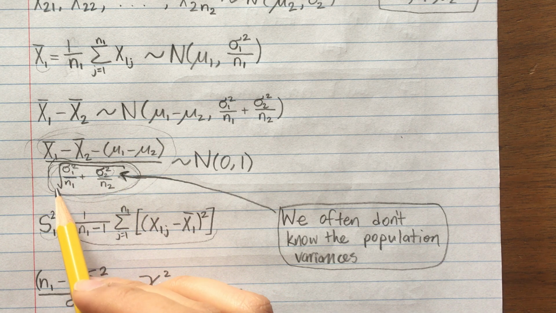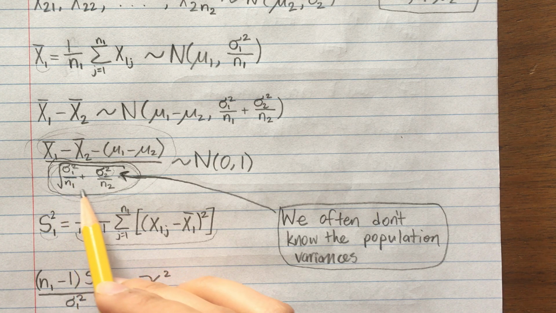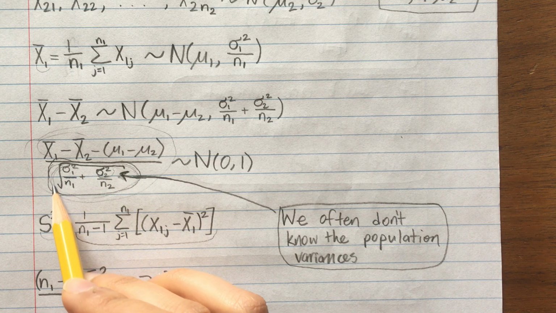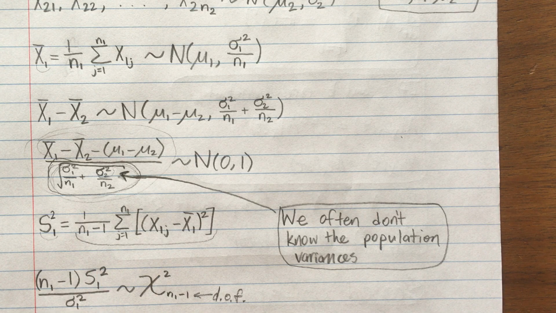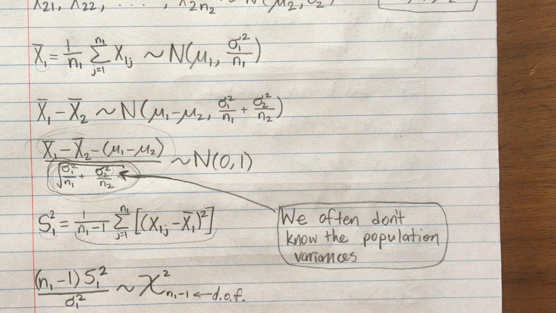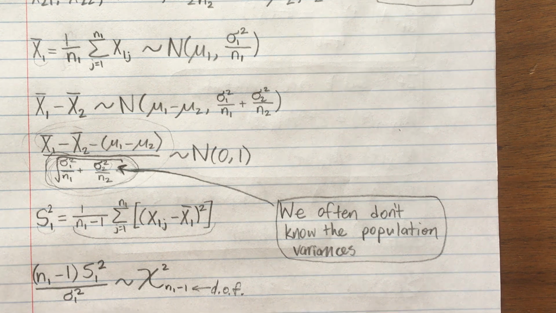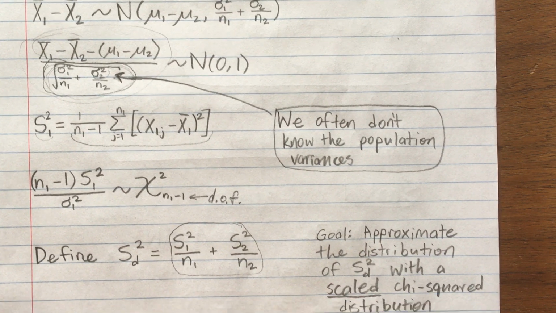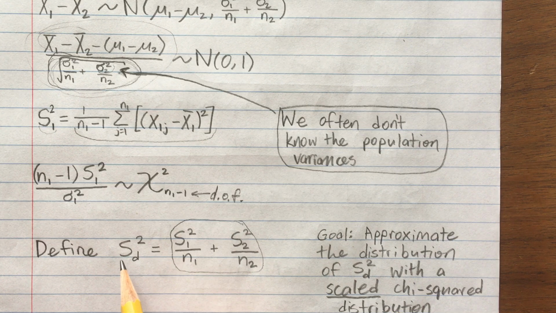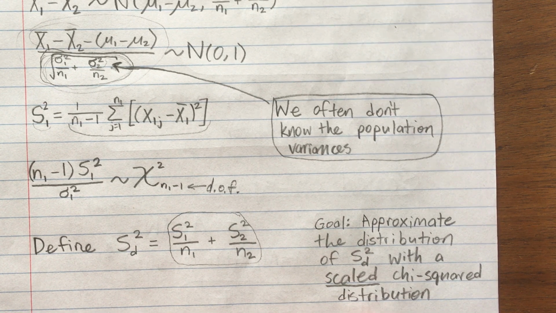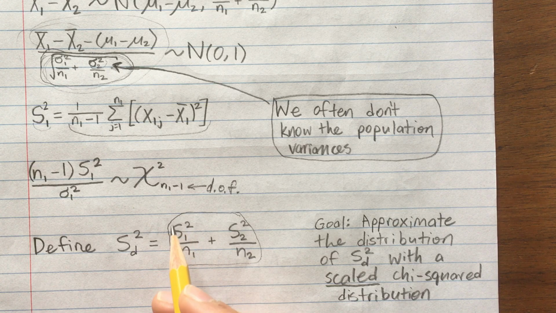If we need to come up with a distribution for the standard error, one way of approximating it is to use SD squared, which is the sample variance for population 1 divided by n1 plus the sample variance for population 2 divided by n2.